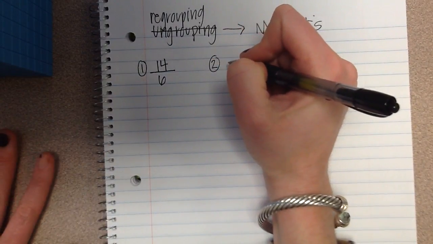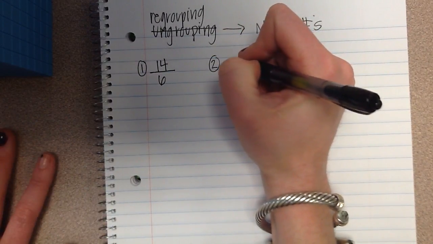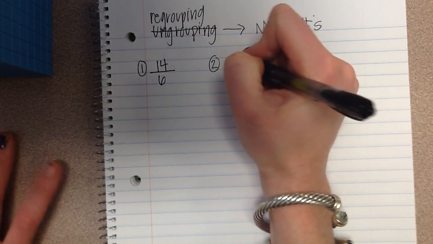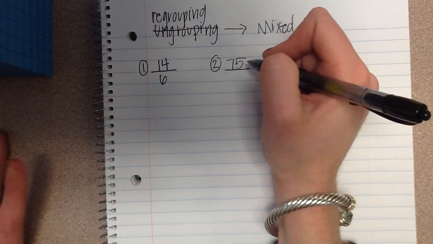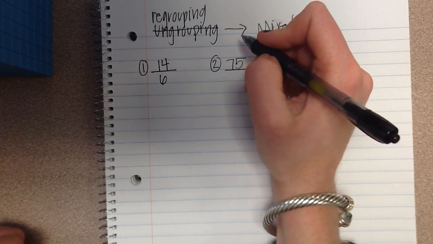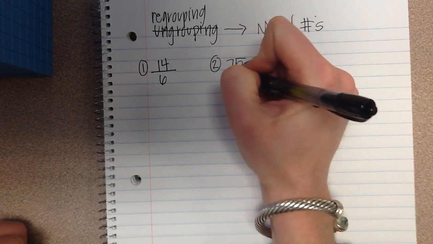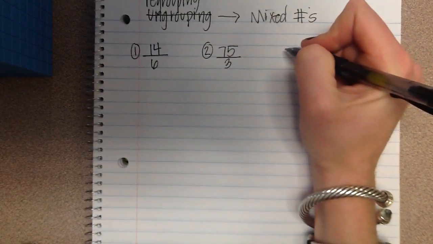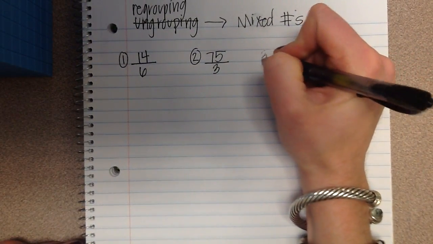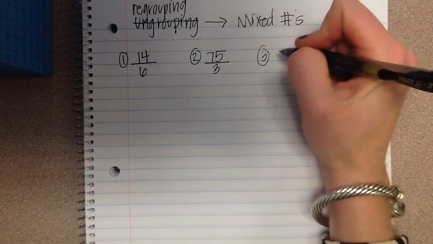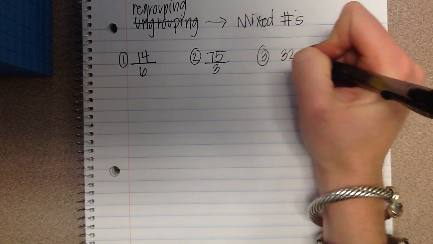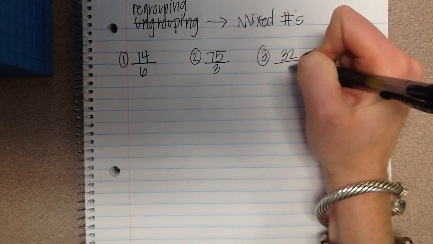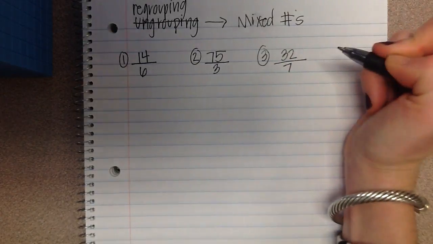We'll say, let's see, 75 over 3. And I'm making these up off the top of my head. And number 3, we have, we'll say 32 over 7.